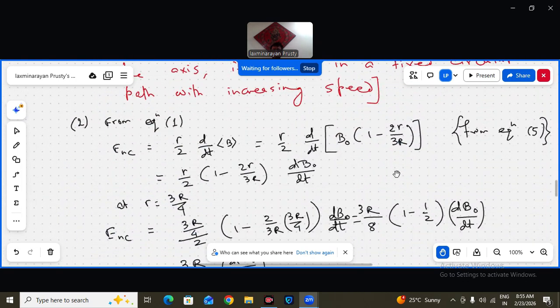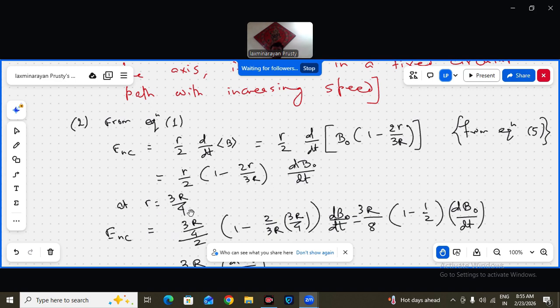Then question number 2, from equation 1, that's what I wrote: E is r by 2 into dB average by dt. Already you have it. I have to find E at the location r equal to 3R by 4.